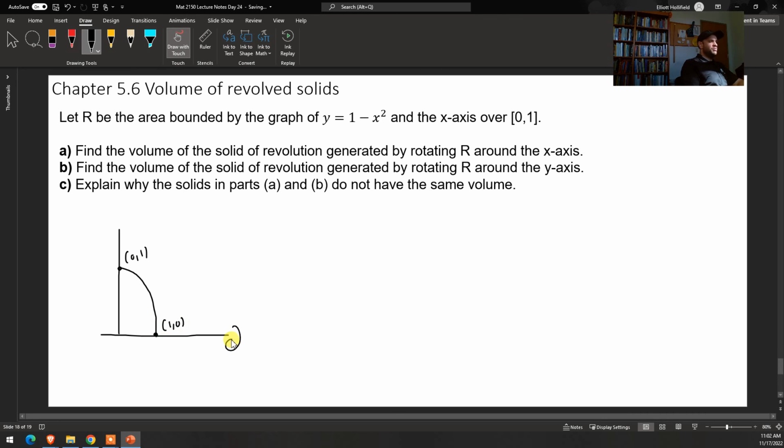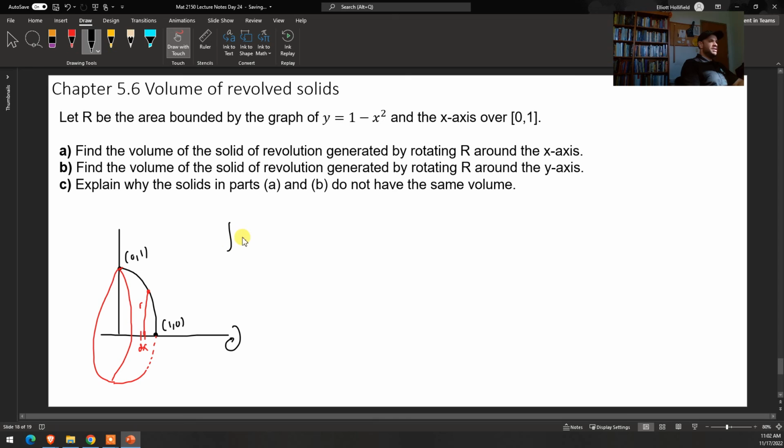So if we rotate this region around the x-axis, then we should get this bowl-shaped looking object, where the thickness of each slice goes through the x-axis and the radius is determined by the function itself.